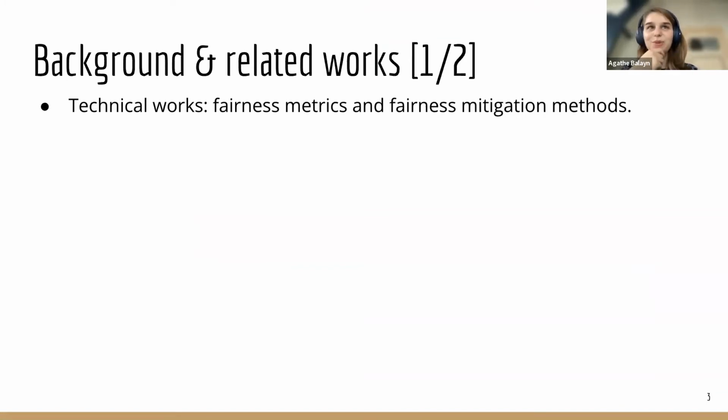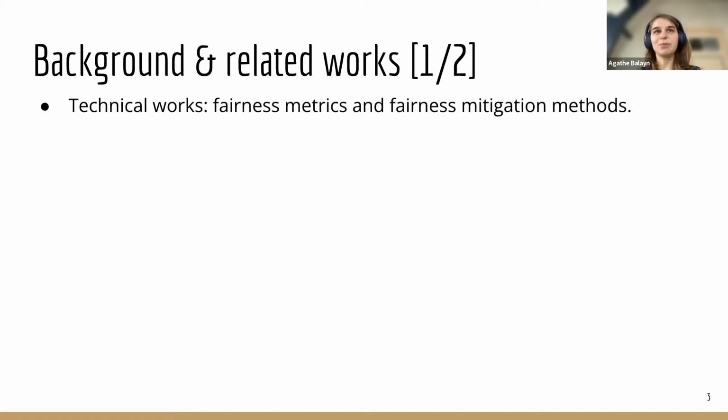I didn't know who knows really about these works on fairness or not, but let me know if you already know about that. So I think the related work can be divided into two sets of topics, one which is more technical, about metrics and mitigation methods for fairness, and the other which is more on previous HCI works.